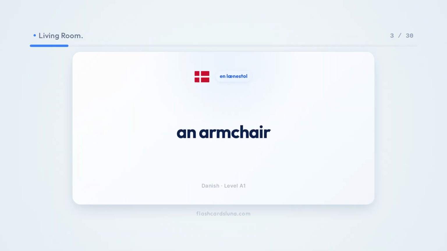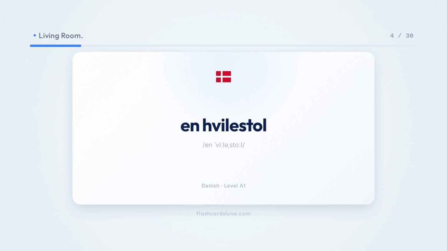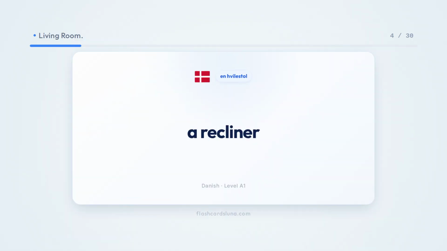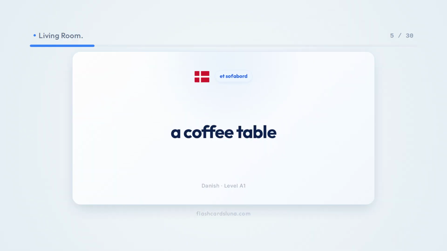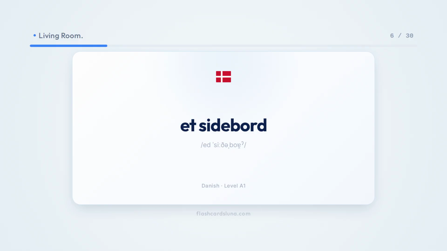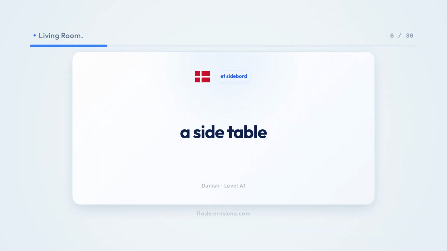An armchair. En hvilestol. A recliner. Et sofabord. A coffee table. Et sidebord. A side table.